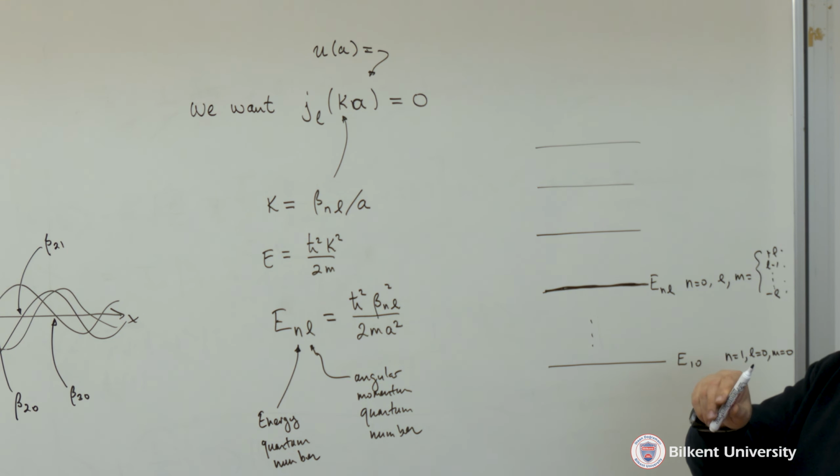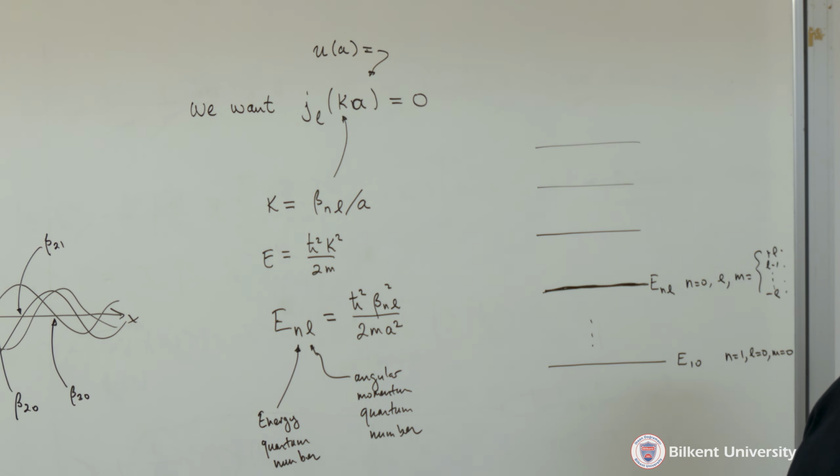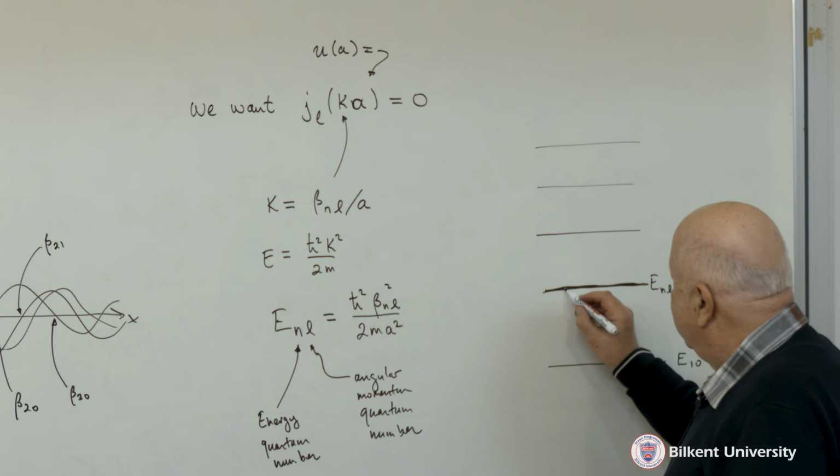It doesn't make any difference in the energy because there is no effect here which will influence the energy. But suppose I put a magnetic field on the system. Then each one of these states will have different energies, so these levels will start splitting up. You are going to get different energies corresponding to different z components of the angular momentum.